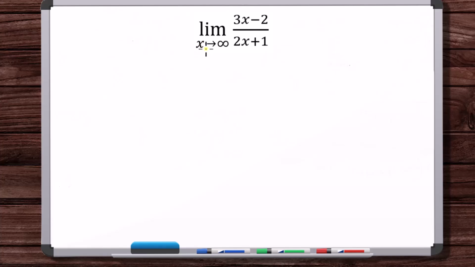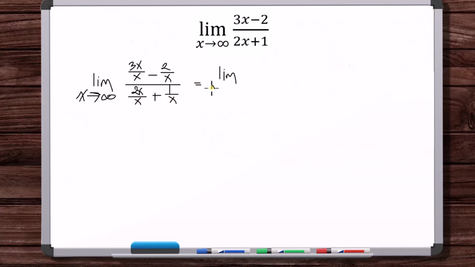Okay, the limit as x approaches infinity of this rational function. So let's just divide the numerator and denominator by x. So we get 3 minus, and then 2.